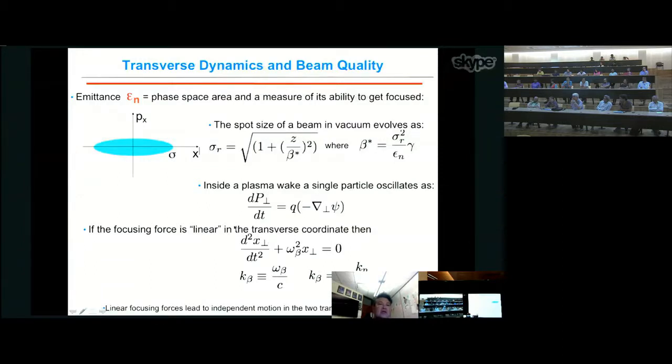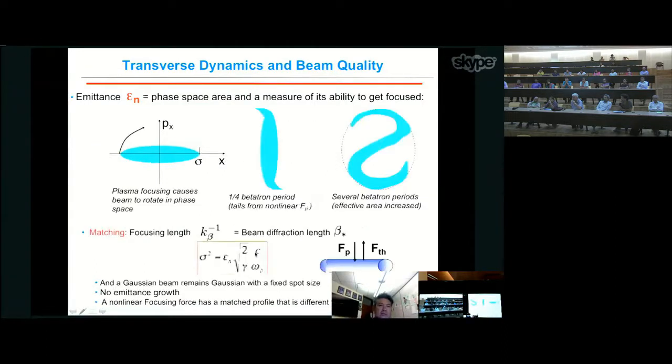So the real focusing force is proportional to R, and you can show that this means the focusing forces in the X and Y directions are not coupled to each other. All right, so let's come back to this a little bit more. Now let's consider a focusing force that may not be linear. Here you have the transverse phase space, and the particles are going to be rotating.